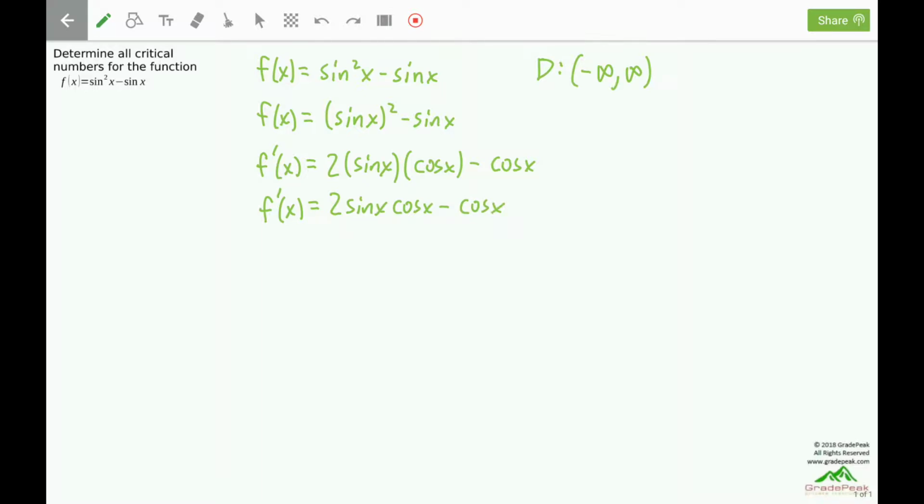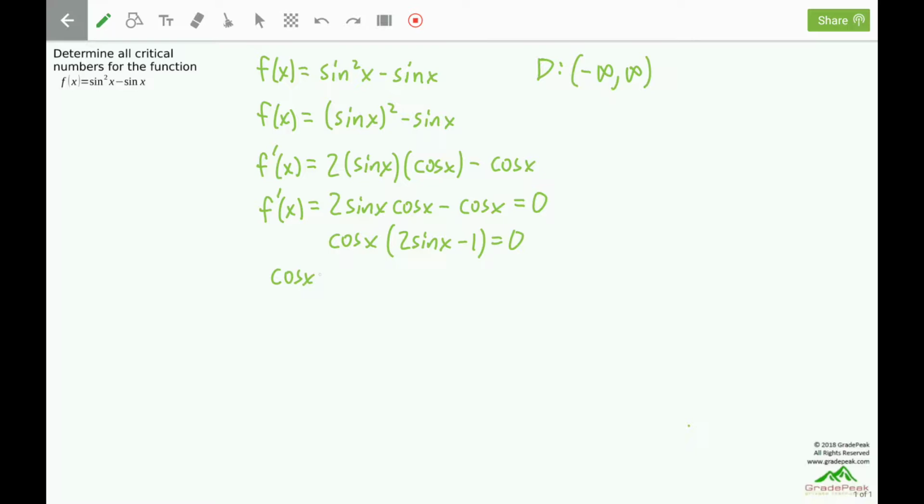minus cosine of x. We will now set the numerator equal to 0, and the denominator, if there is one, also equal to 0. There's a cosine that can factor out, so cosine of x will leave behind 2 sine of x minus 1 equal to 0. Each of these can be set equal to 0 separately.